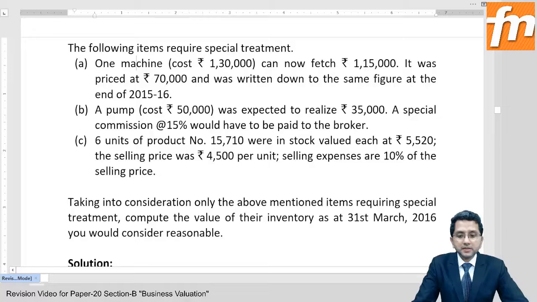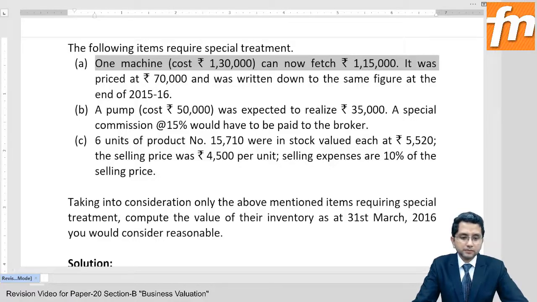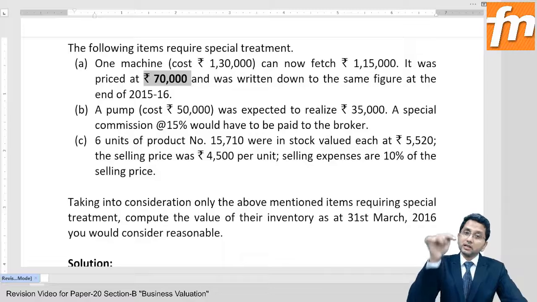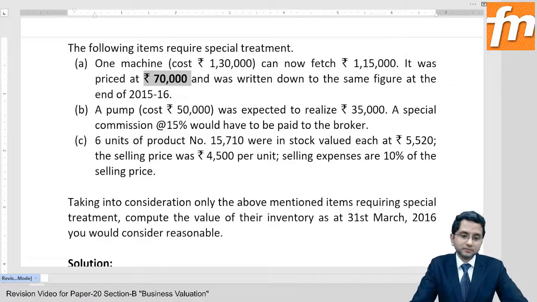Now look at this. One machine costing rupees 1,30,000 can now fetch rupees 1,15,000. Cost or realizable value, whichever is less. Fine. So you should take it at 1,15,000. It was priced at rupees 70,000. So the book value at which it is included currently is not 130, it is 70.